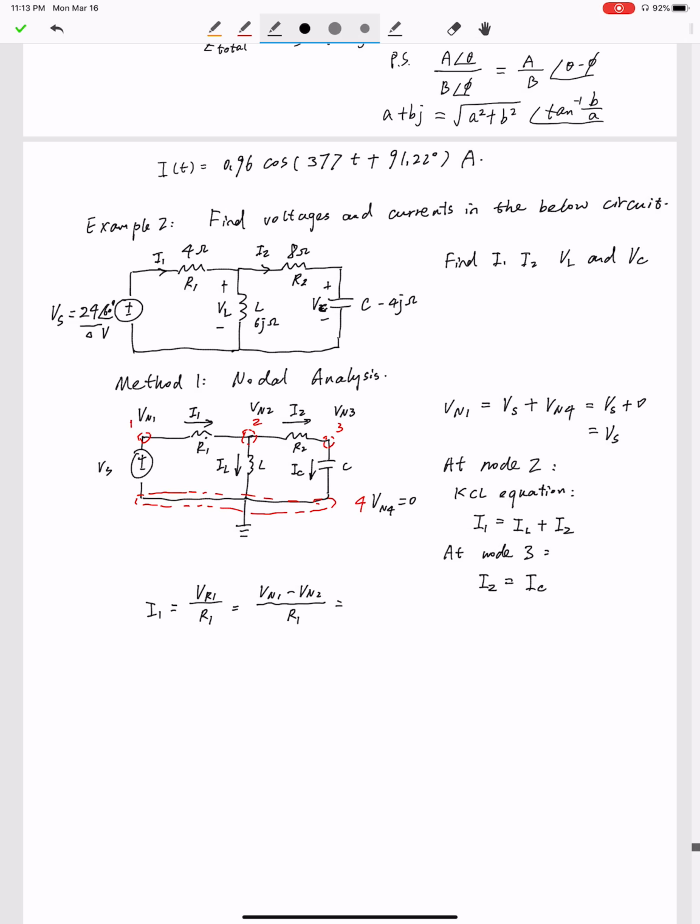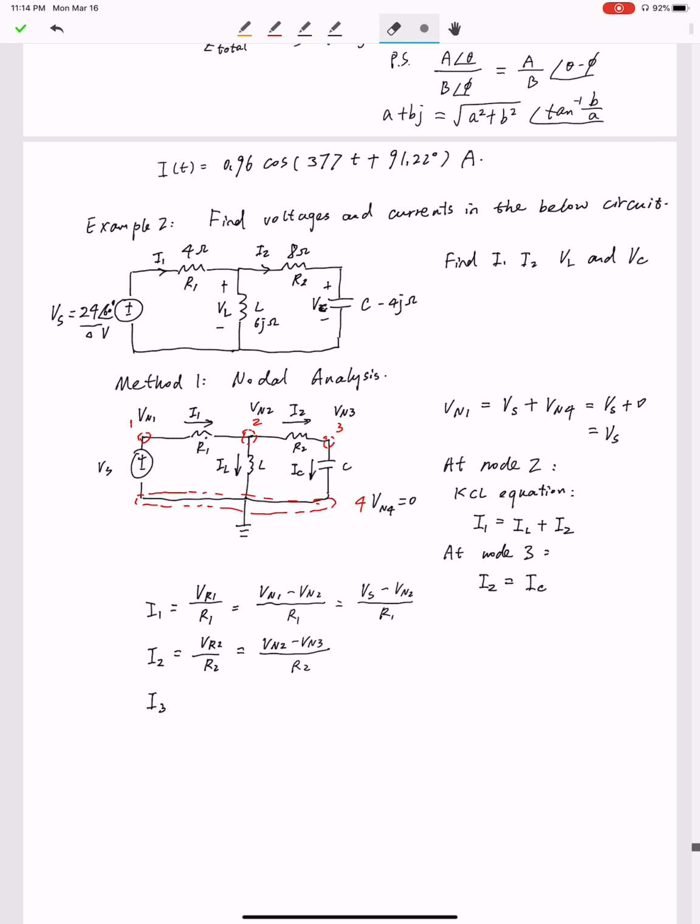Vn1 is Vs, and Vn2 is an unknown value, correct? And I2 equals VR2 divided by R2, because I2 is the current on R2. VR2 can be represented by Vn2 minus Vn3, divided by R2. Vn2 and Vn3 are unknown variables, so this expression cannot be further simplified.